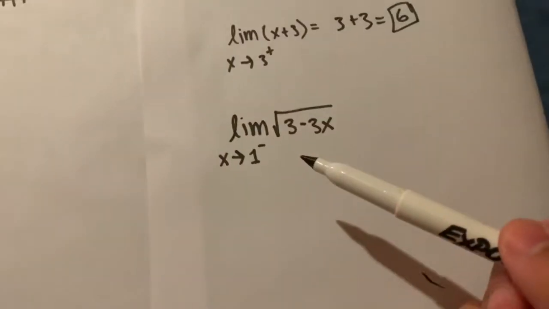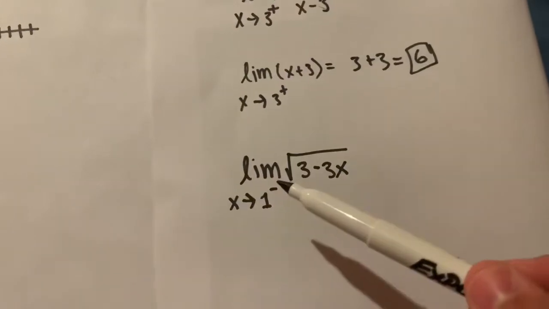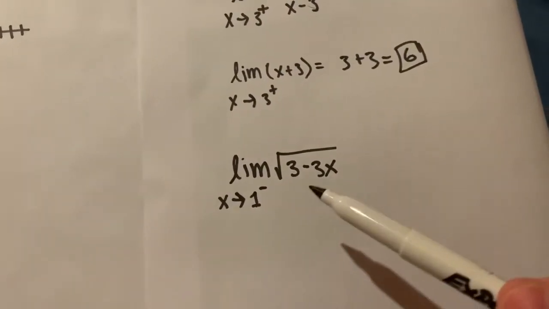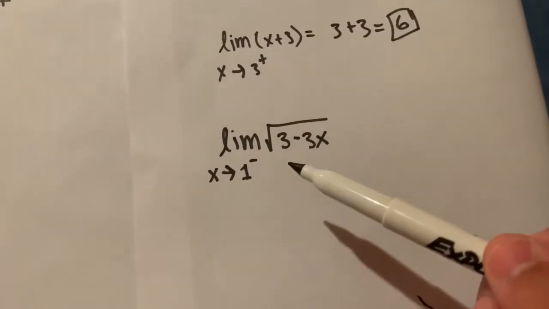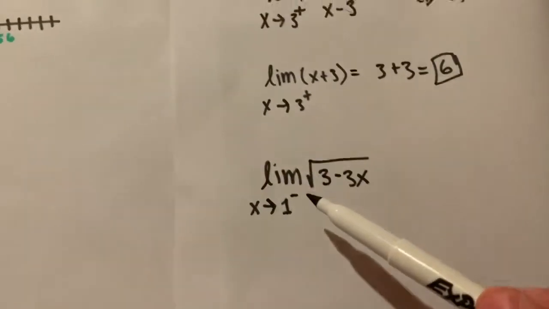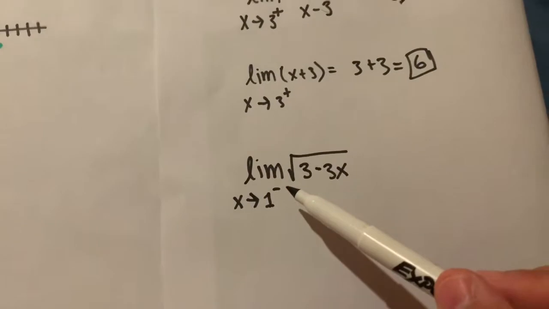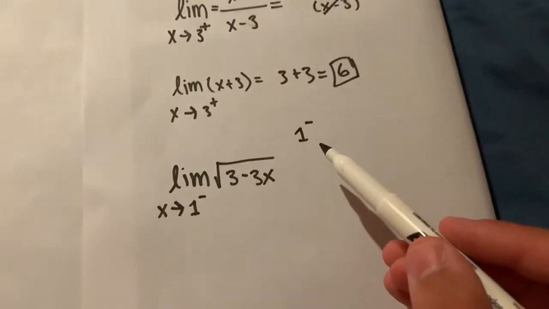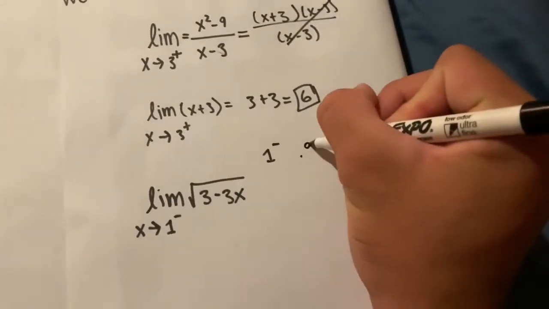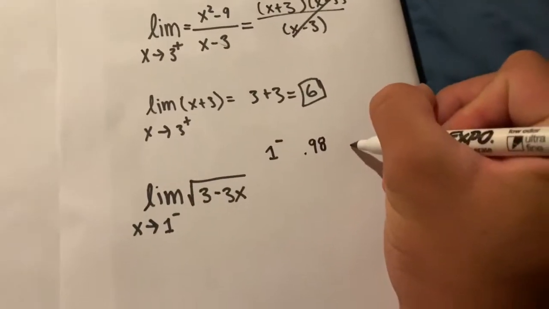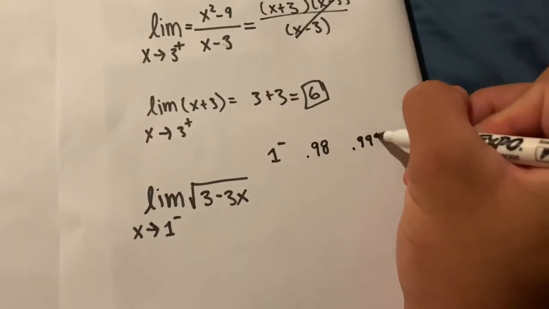Now, examining our next problem, the limit of this function as x approaches 1 from the left side, it is vital that we understand that this problem can only be done approaching from one side, and here's why. When we're approaching 1 from the left side, we are looking at numbers such as 0.98 or 0.998.